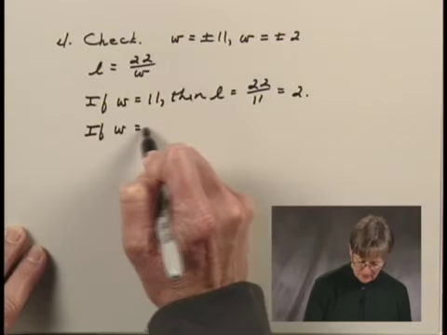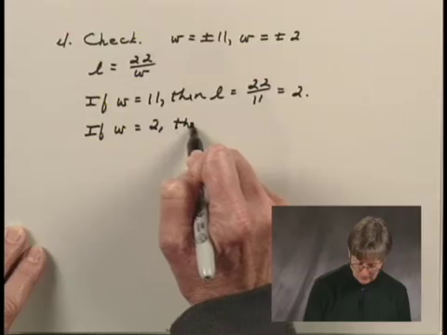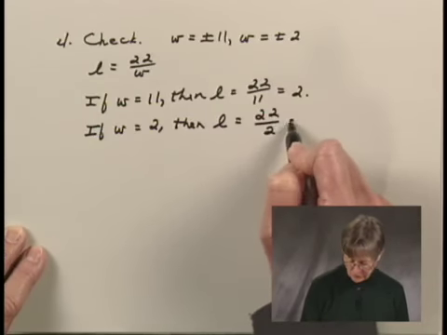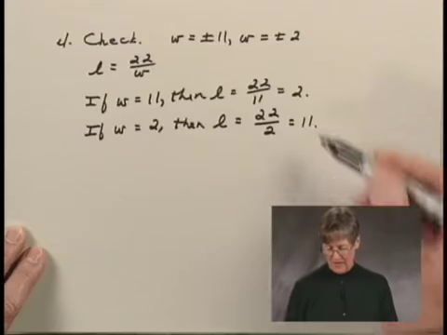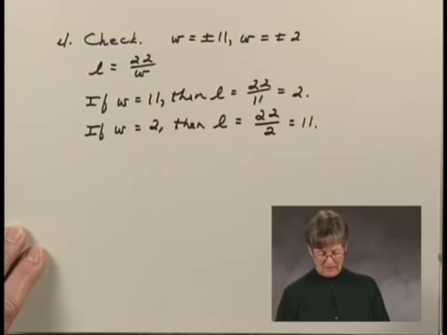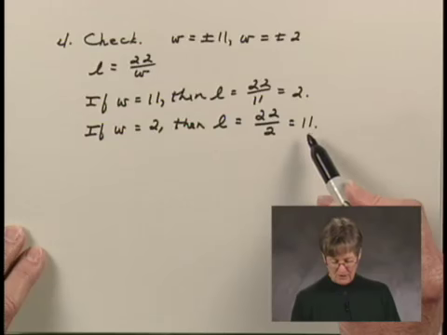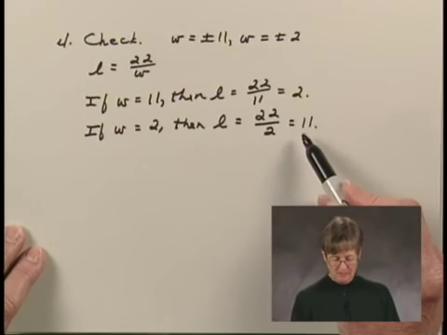And if W is equal to 2, then L is equal to 22 over 2, or 11. You can see that in either case we're getting 2 and 11. This tells us that the dimensions of this rectangle will be 2 yards by 11 yards.